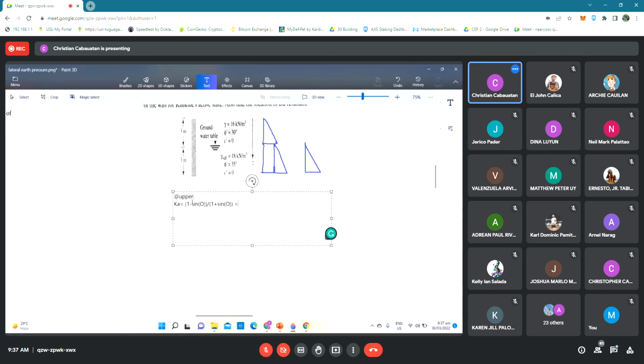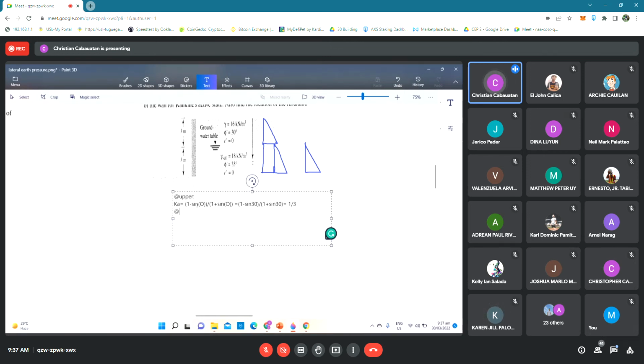Therefore, it is equal to 1 minus sine of 30 and then divided by 1 plus sine of 30. Therefore, what is the value? At the top of the upper layer, it is simply 1/3. Tama? Tama lang ba? Yes, sir.